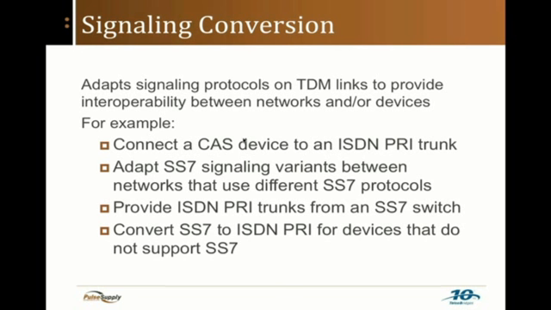You may have one network that uses a specific SS7 variant and another network that uses another, and these two are incompatible, so you require a solution to connect these two together.